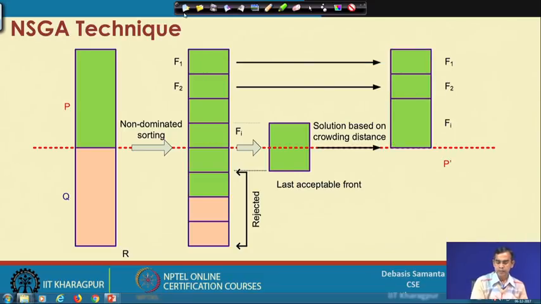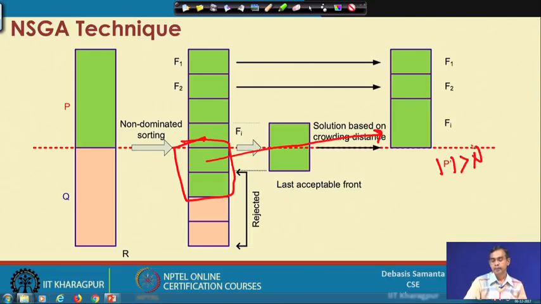Now, after selecting so many fronts, suppose at this stage there is a front which is next to be considered, but if we add this front here, then the size of P dash will be greater than n. This means all the solutions there cannot be arbitrarily selected into here, right.